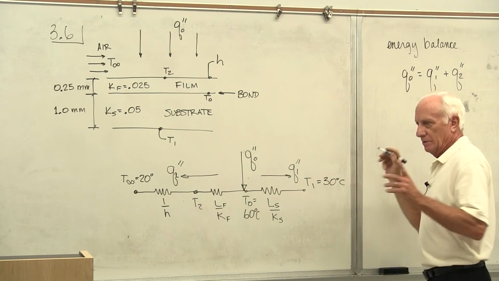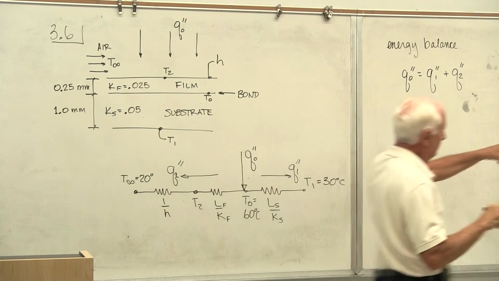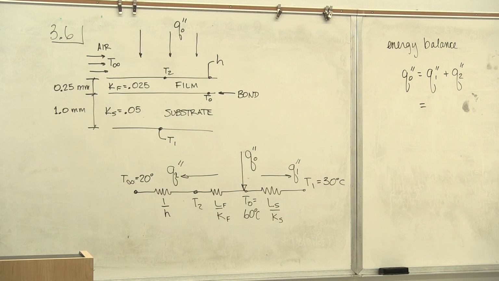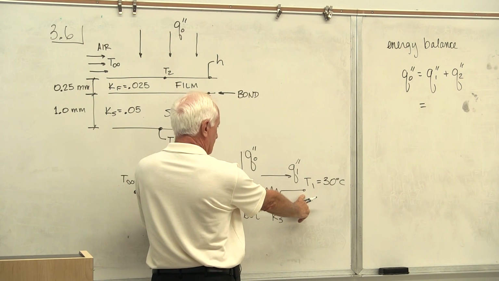Q1, okay, here's how we do it now. Q1, that goes to the right. We're going to do the same thing we did over here. Take your two fingers, put them between the two temperature nodes. What's the resistance between my fingers? LS over KS.